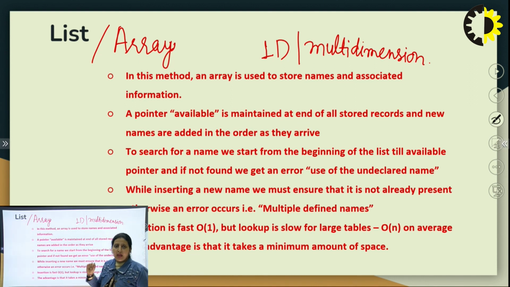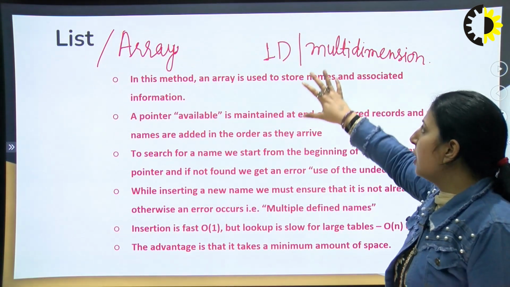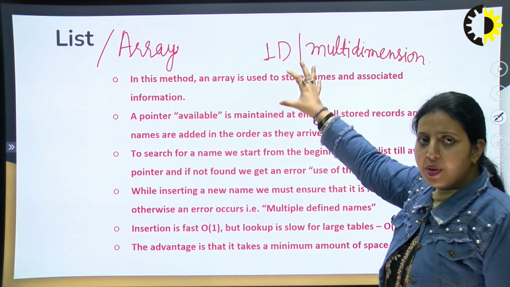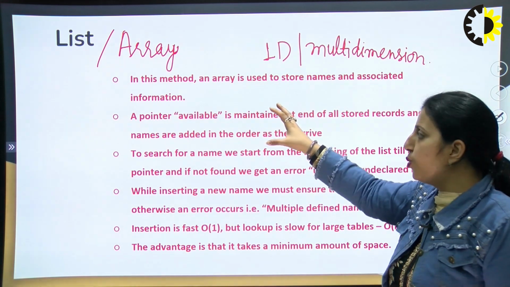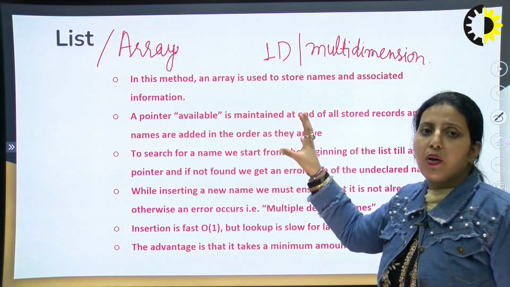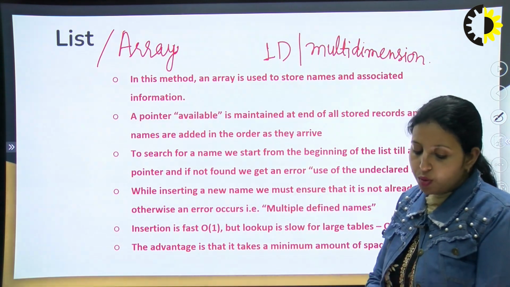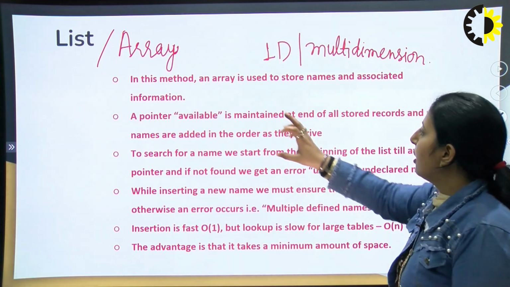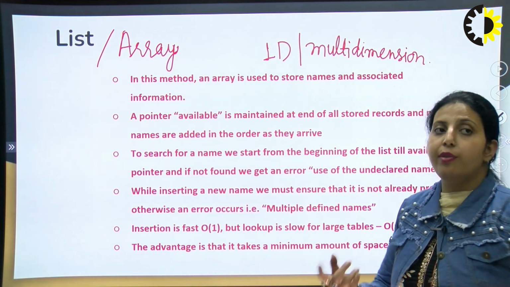As we know, an array can be one dimension or multi-dimension, so all the dimensions of an array can be used for implementing the symbol table.